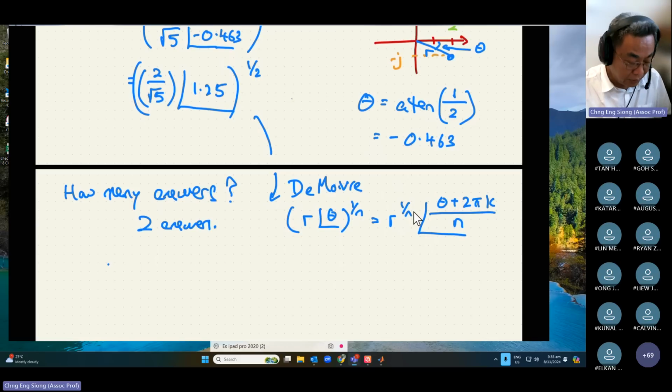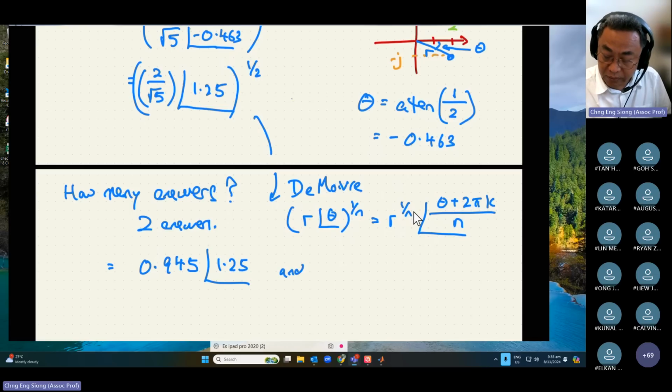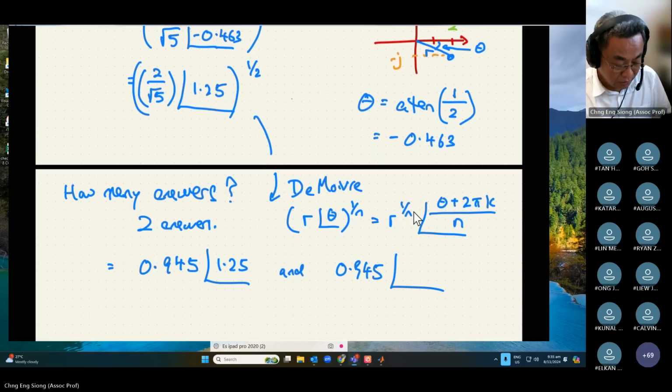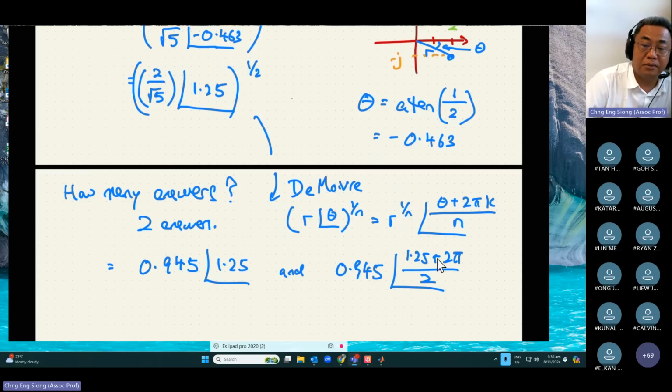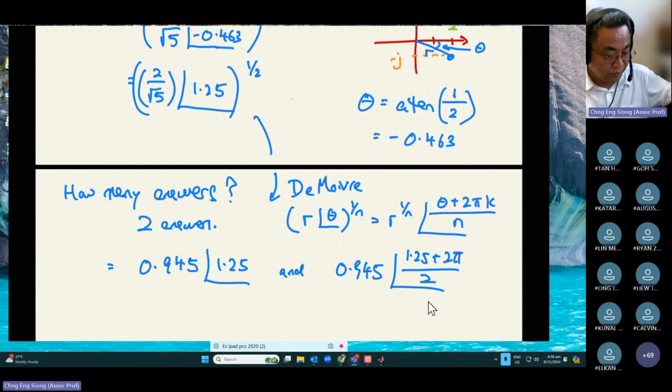So I'll write the answers that you can go and check. The answer is 0.945, angle 1.25 over 2, and 0.945, angle (1.25 plus 2 pi) divided by 2. So you go and work it out. The 1.25 is theta, and then the rest is very clear.